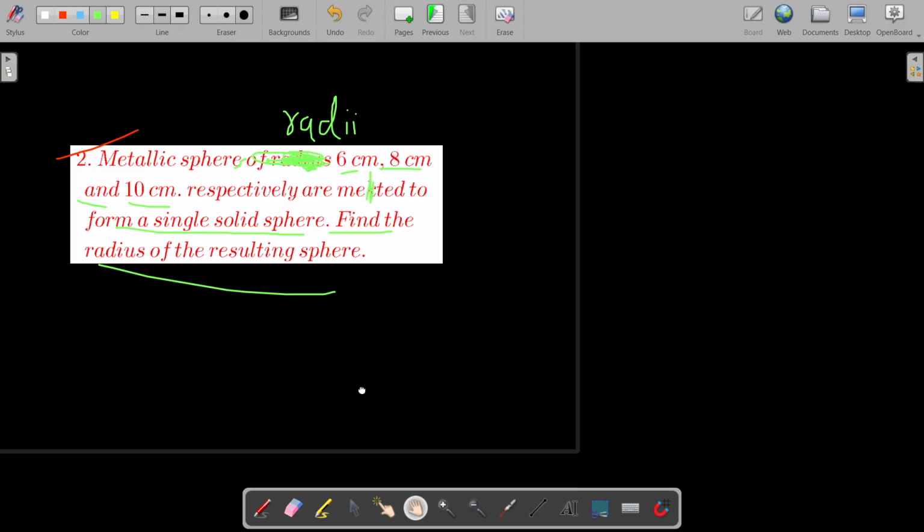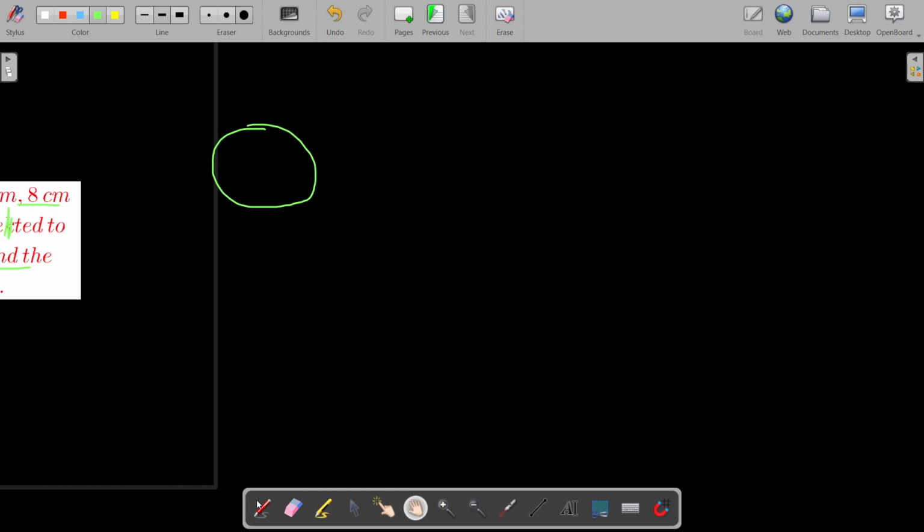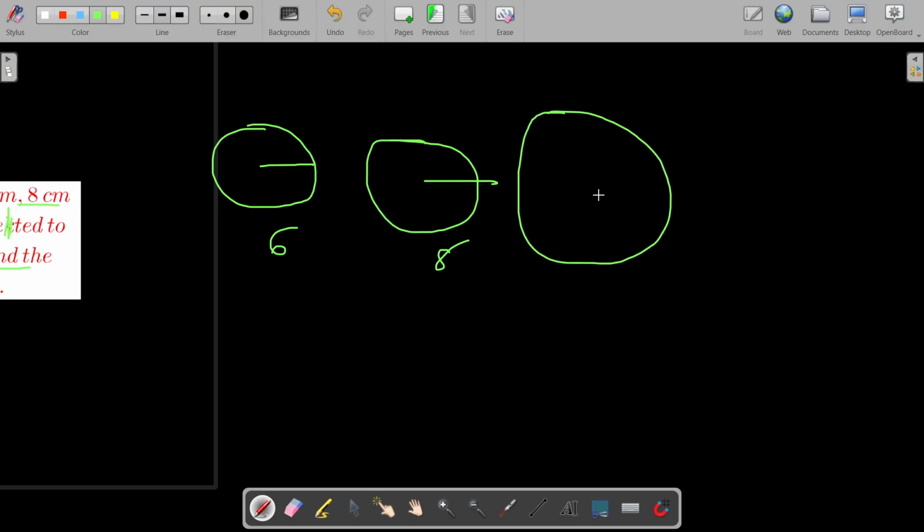If we need to involve any type of inner thing, we need to use volume. So we have a sphere with radius 6, a bigger one with radius 8, and a bigger one with radius 10. We melted these three and formed a bigger sphere.